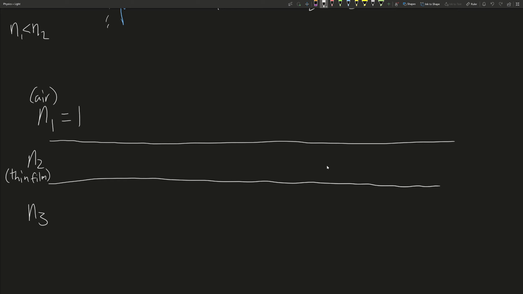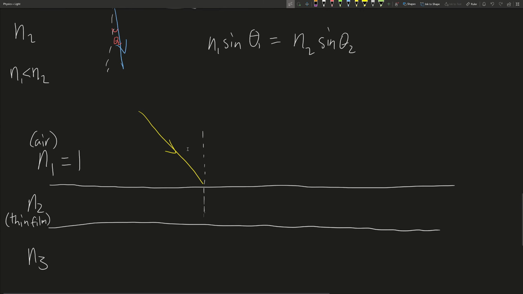And so when we have an incident light ray here, let's draw an incident light ray. It'll look like this, and then it partially reflects and partially refracts. So light doesn't completely refract through, it also partially reflects. Think about shining a beam of light at water: you can still see the reflection of the light where it hits the water, but then some of the light also goes through the water.